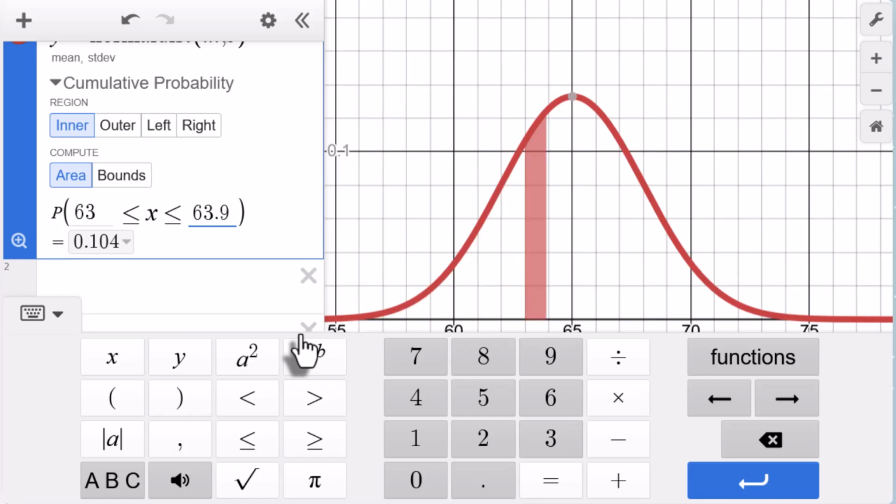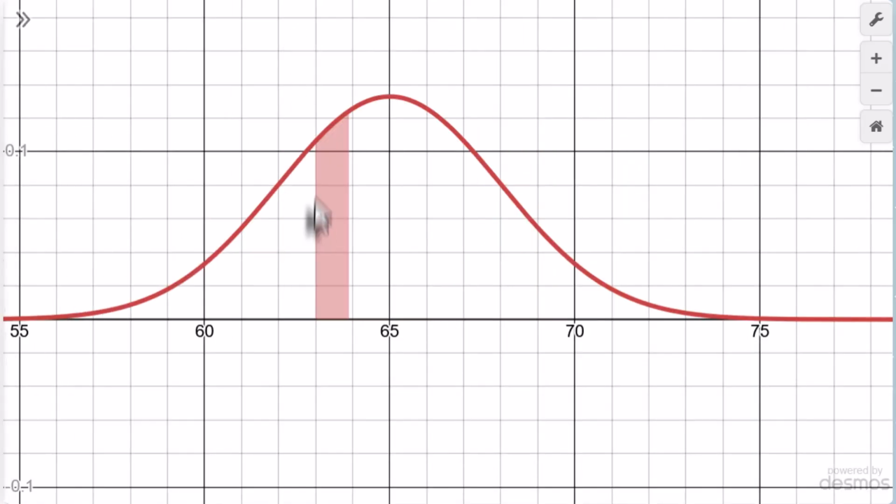Maybe we group together all women who have a height between 5'3" and 5'4". If I went from 63 to 63.9 inches, that gives me an area of 0.104. Again, that's representing this area underneath this curve from the given bounds. And that could be our interpretation of the probability of someone who's 5'3".